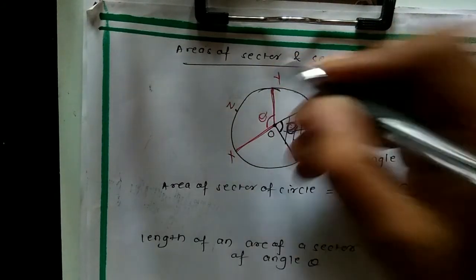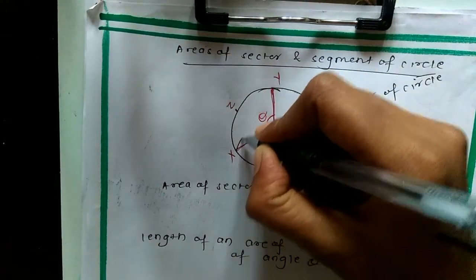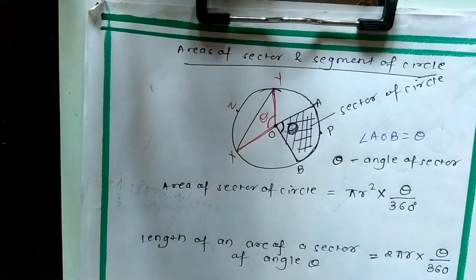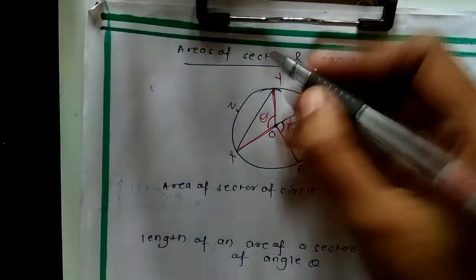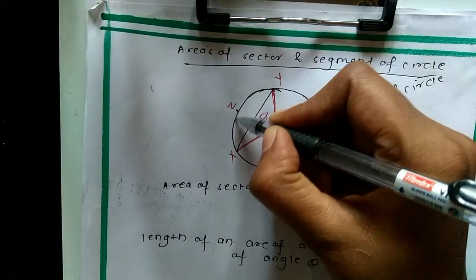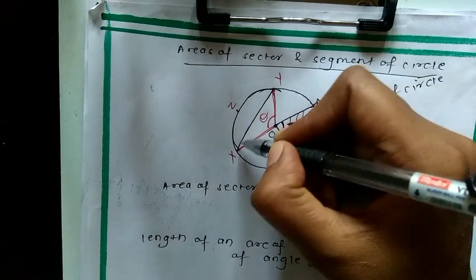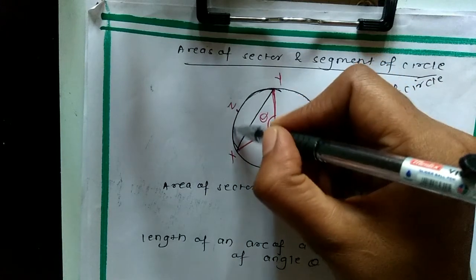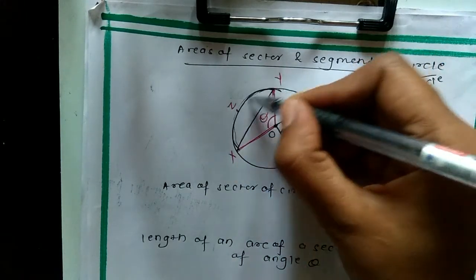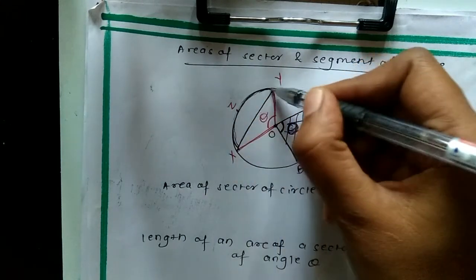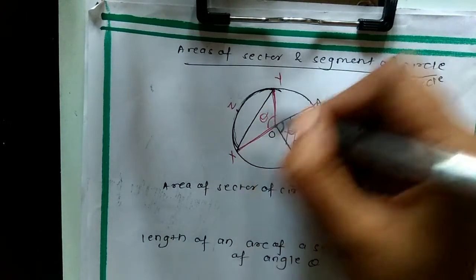So what is a segment? A segment is a portion, or a part of a circle, bounded by a chord and the corresponding arc. XY is a chord and this arc is between the points of the chord.